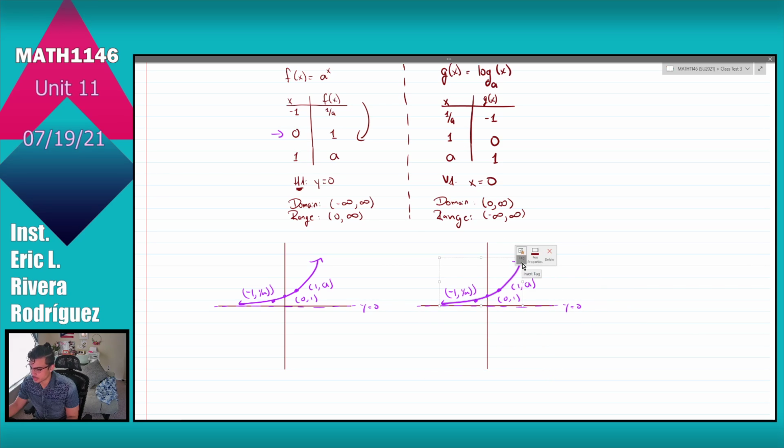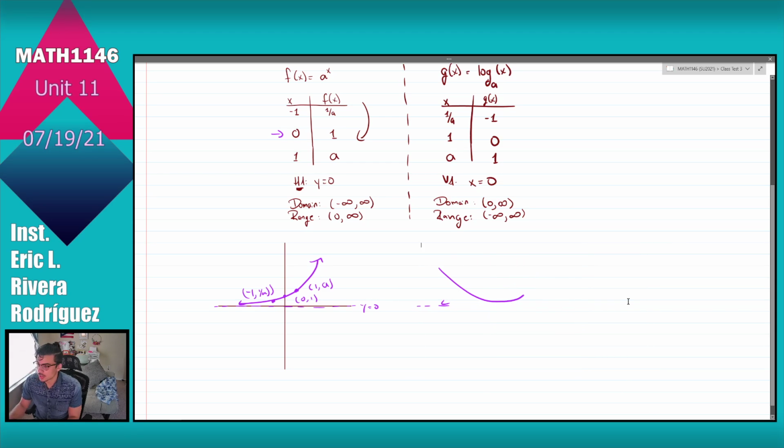I wonder if I can do this. So let's rotate this. Nope, it will get ugly. So let's draw the graph of the logarithmic function.